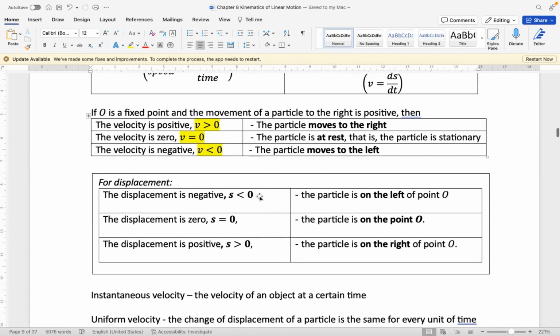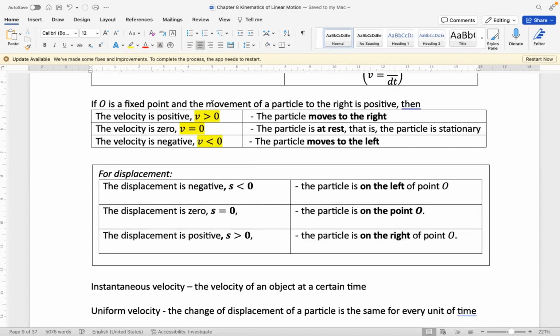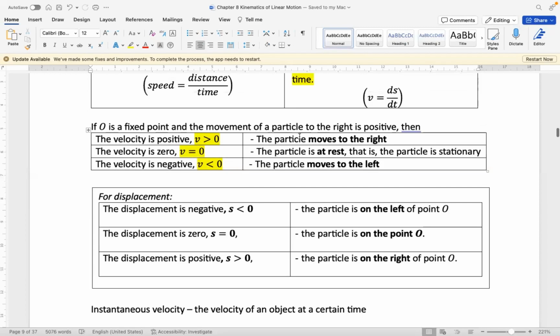Okay. So if O is a fixed point and the movement of a particle to the right is positive, then when the question mentions the particle moves to the right, we will write v greater than 0. The velocity is positive. When the particle is at rest, that means the particle is stationary or stops, or when they say the particle changes direction, then v will be 0.